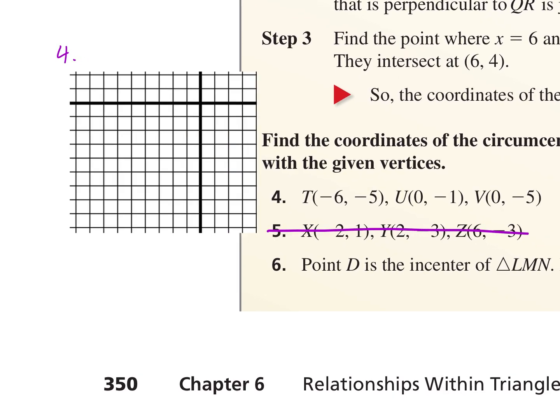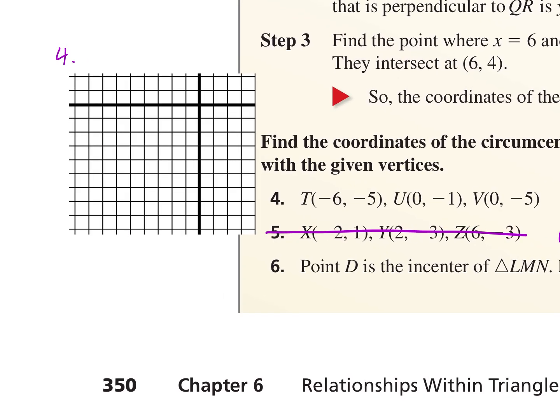All right, so looking at number 4, this is going to give you a right triangle. So graphing it, T is -6, -5. U is 0, -1, and V is 0, -5. So graphing your triangle, they're asking for the circumcenter.